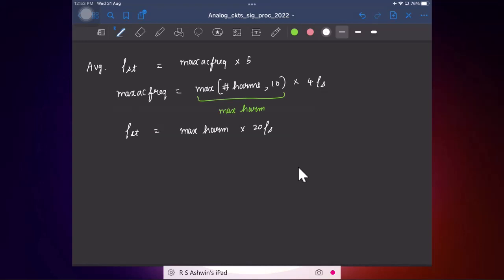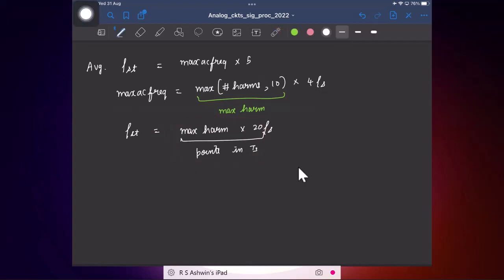So like I mentioned, what this says is that you take these many points in one TS when you find the periodic operating point. That's all. That's what the average stroke frequency means. So now let us say you give number of harmonics as 0. Max harmonic you have requested is 10. So it will take 200 time points in one time period and find the periodic operating point.